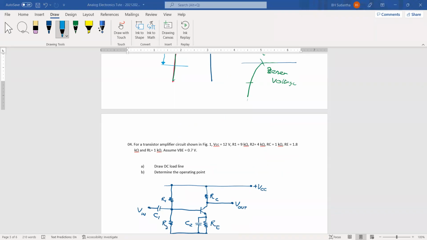Let me try to find some figure from the web, then I can explain it. Yes, you can see this figure.